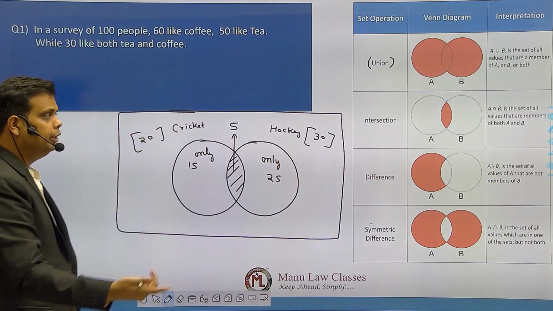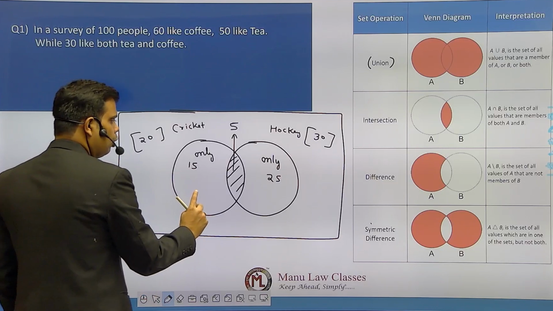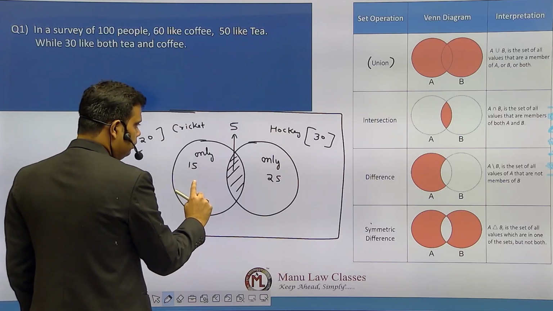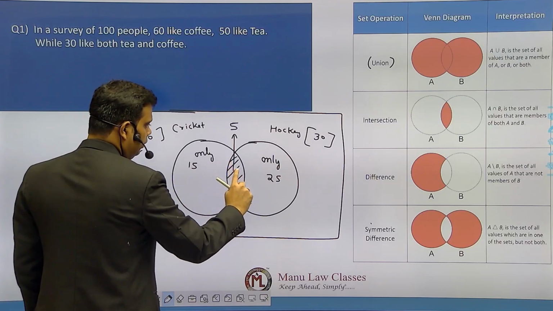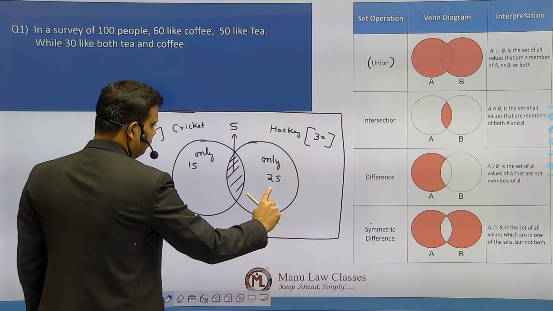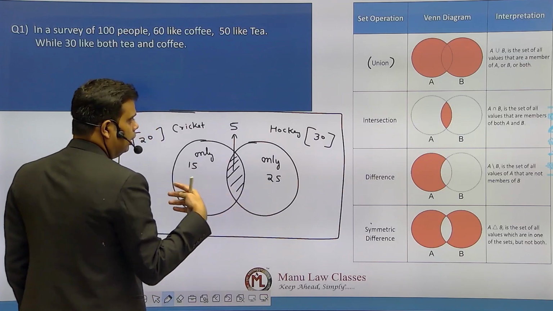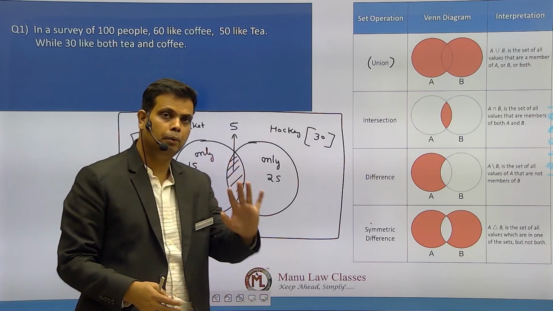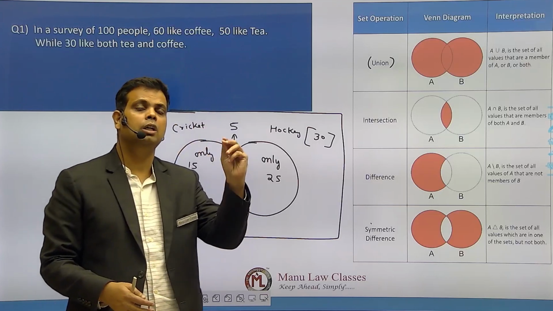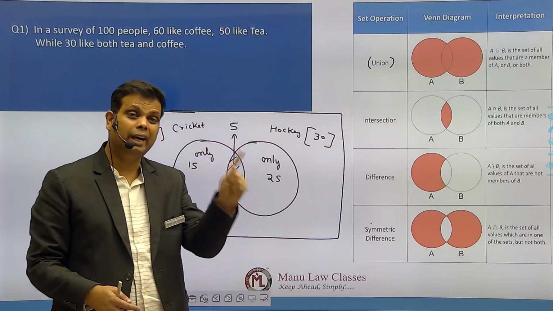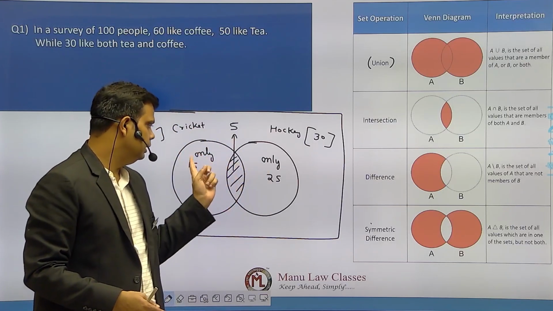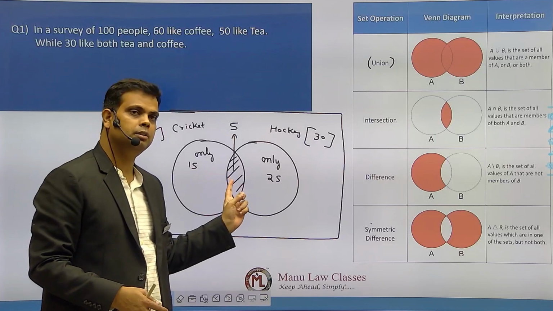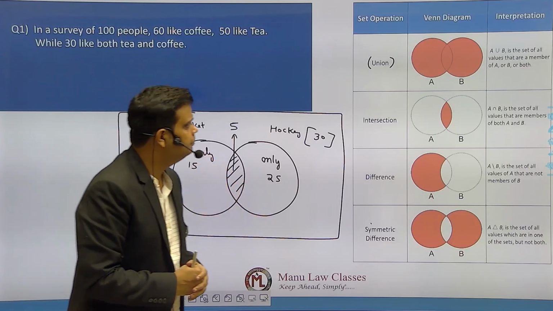So the union defines the total number of players: 15 plus 5 is 20, plus 25, that is 45. Again, the union means the number of players or objects or articles present in this circle, this and this. Getting the point?